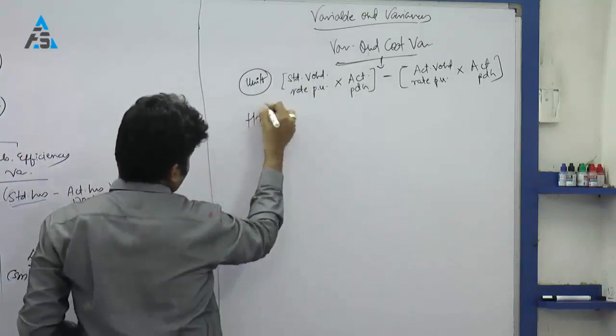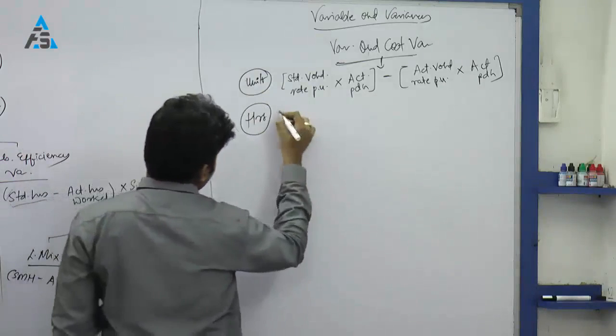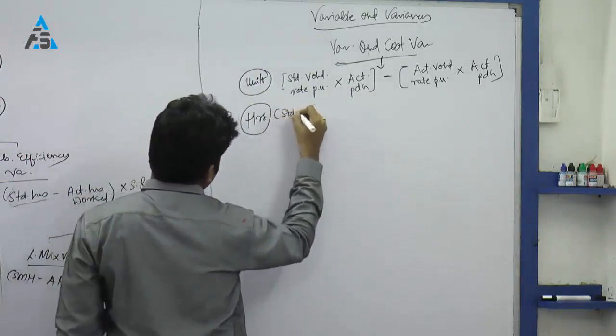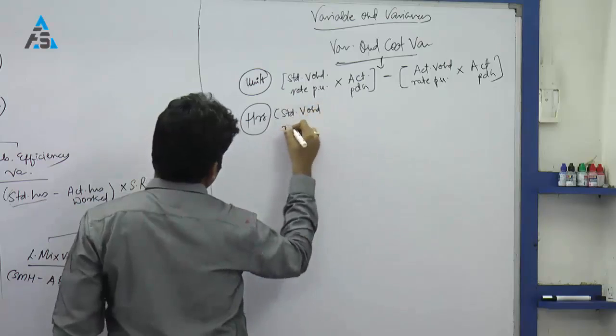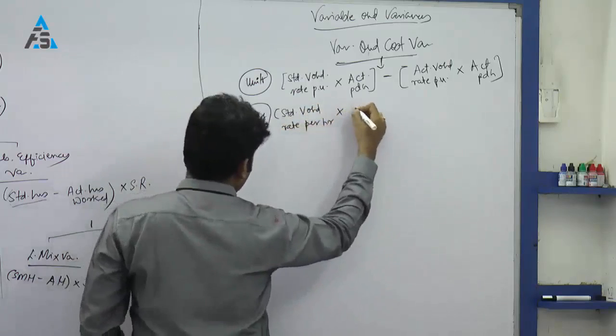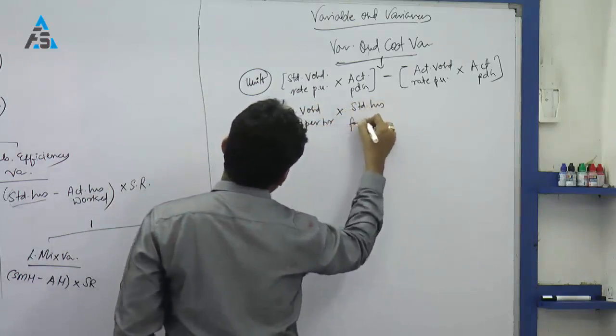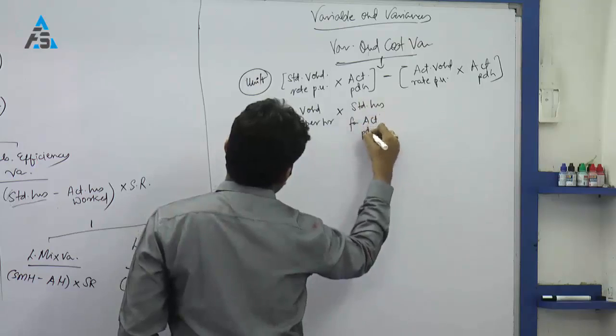However, usually in exams it is asked in terms of hours. So when we speak in terms of hours, it is going to be standard variable overhead rate per hour multiplied by standard hours for actual production.